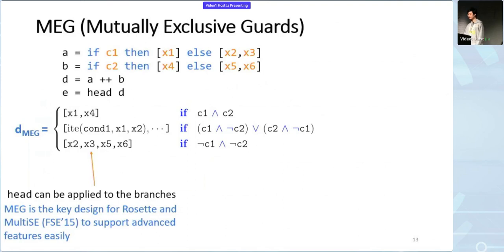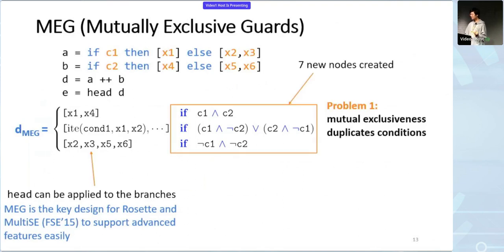The downside of this encoding is that the path conditions need to be mutually exclusive, and we need to construct many new nodes to keep them disjoint, especially when there are many branches. In this example, even if we can share the same subnodes, there will be 7 extra nodes to construct.